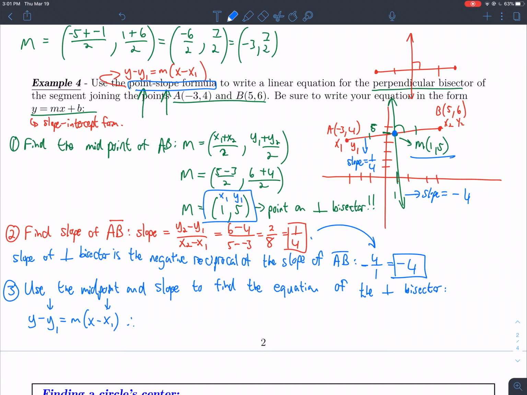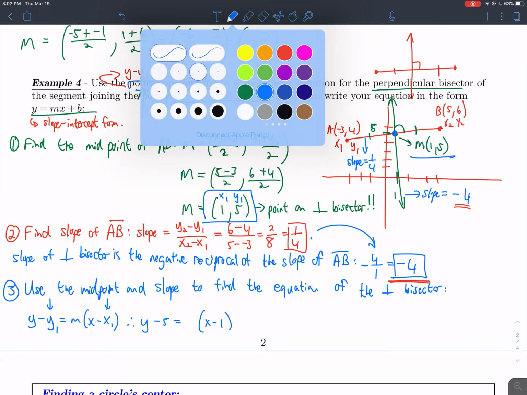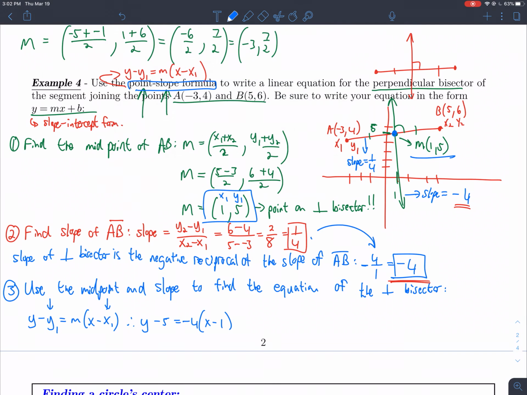So y minus y1, which is 5, equals the slope, and I'll do that in a second. And then my x1 is 1, so x minus 1. And now I have to plug in my slope. My slope we found is -4.